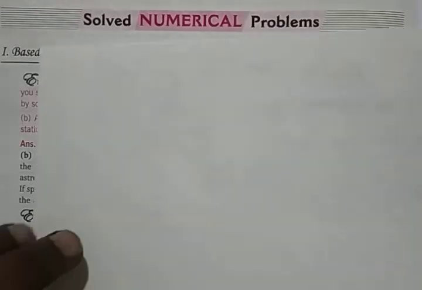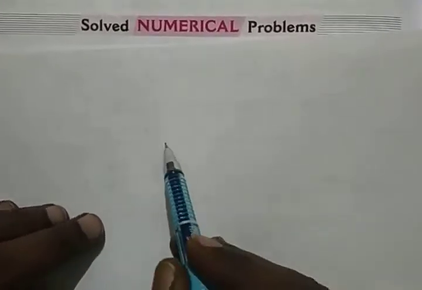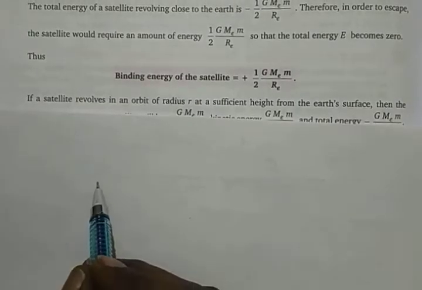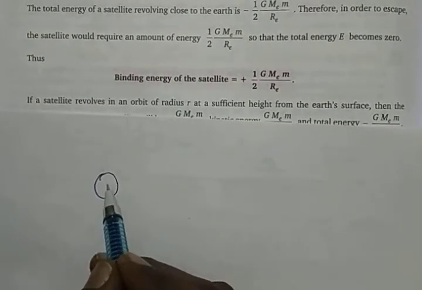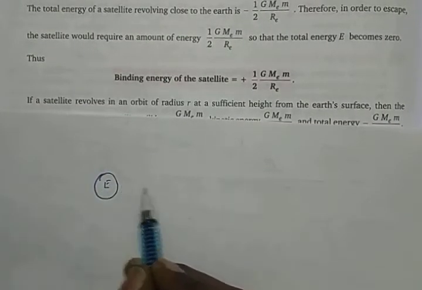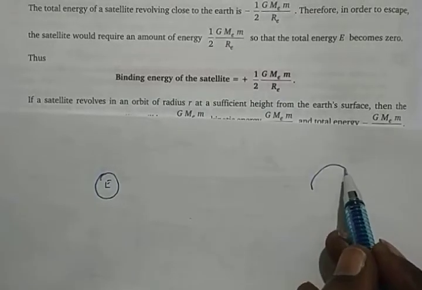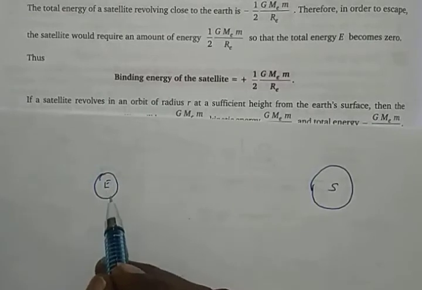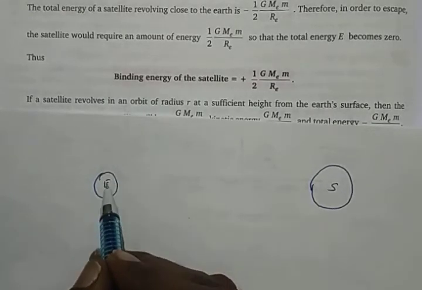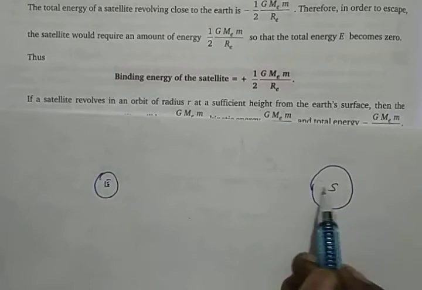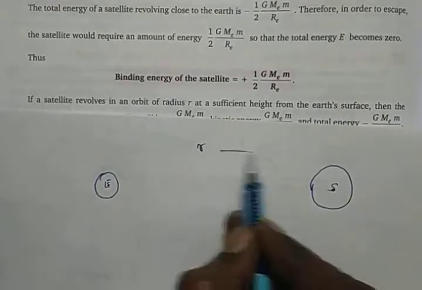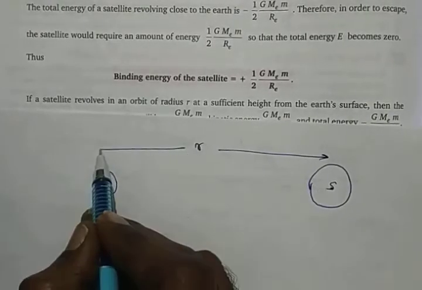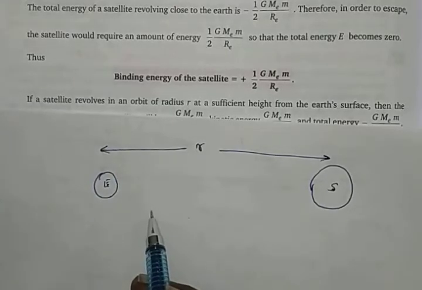Let us once again try to understand the question. So what you're doing is, there is earth. You can draw this diagram, and there is sun. From this center to center, r is the distance.